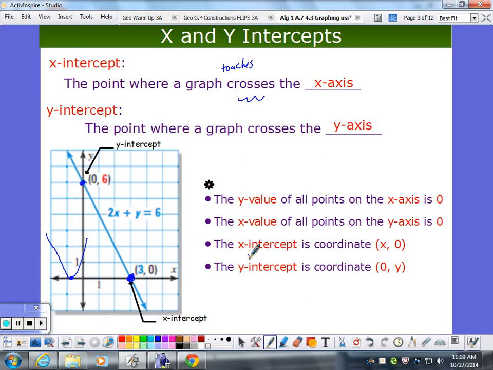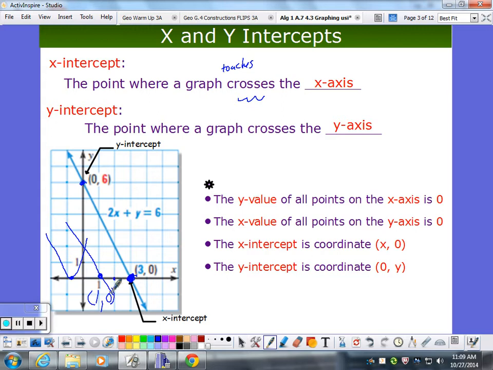Okay, so here's the tricky bit. It's not even that tricky. If you were to write the xy pair for any x-intercept, so here's this one, it's 3, 0. What if I had another one, a line, and it hits here? What's the x-intercept? 1, 0.